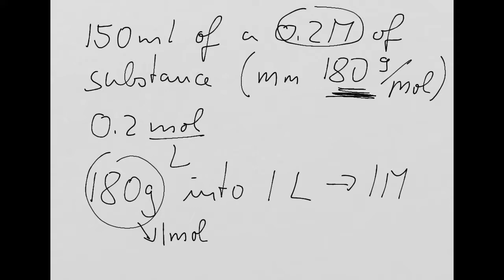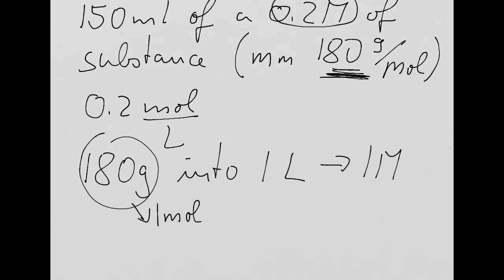So, if I want, say, a 0.1 molar solution, just for argument's sake, how many grams would I have to use? 18. So 18 grams in 1 liter gives me a 0.1 molar solution. Actually, I don't want a 0.1 molar solution. I want a 0.2 molar solution.